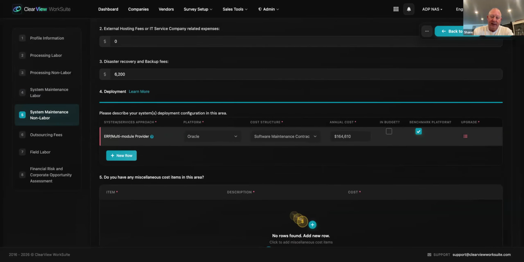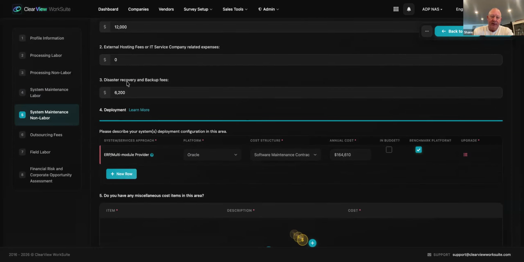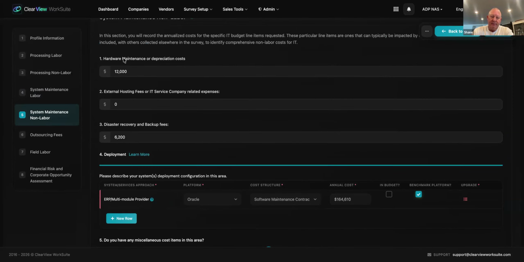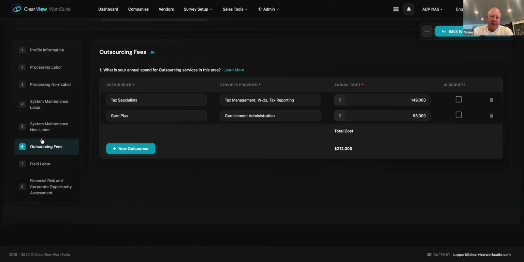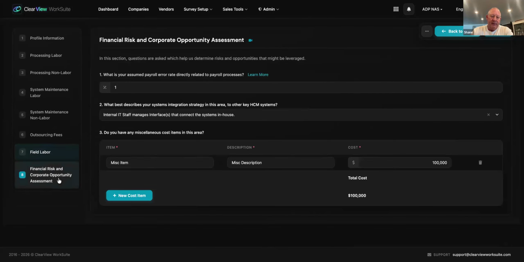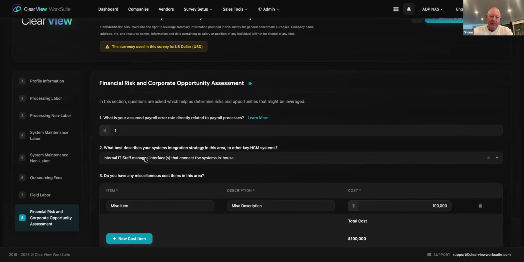So you can see they have Oracle with a license fee of 164,000, 6,200 in disaster recovery and backup, 12,000 in hardware and depreciation, those kinds of things. This would be the outsourcing category, the field labor questions, and the financial and risk.